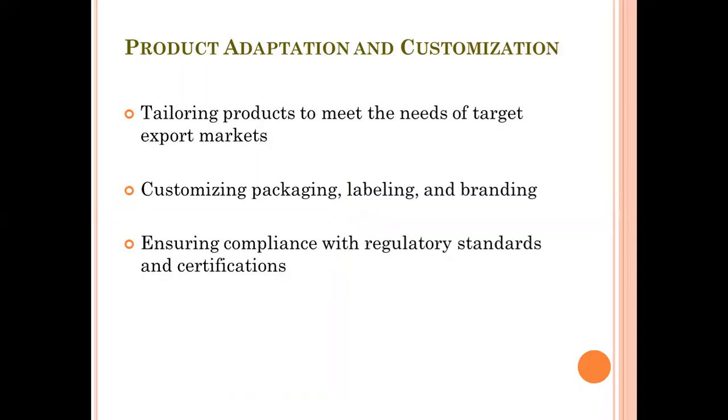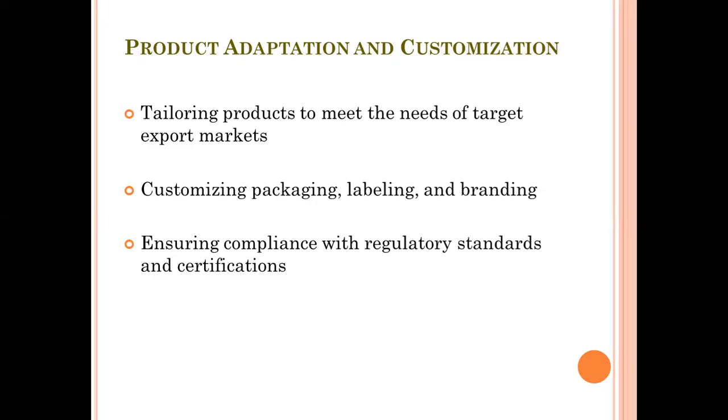Next is product adaptation and customization. As I already said, we need to think about the target audience. Who will be our target audience if we are exporting agriculture commodities to Arabian countries like Dubai? We first need to study their mindset.